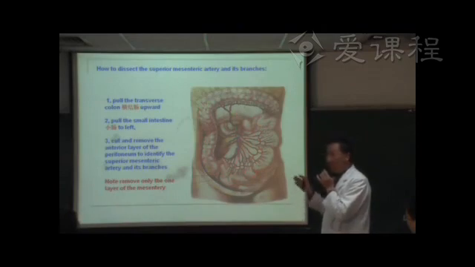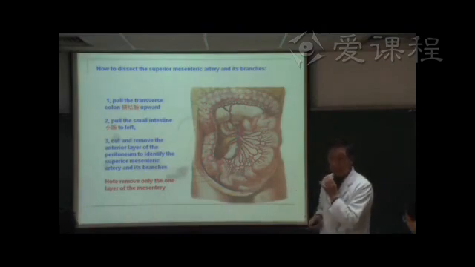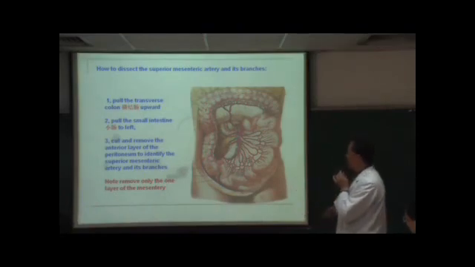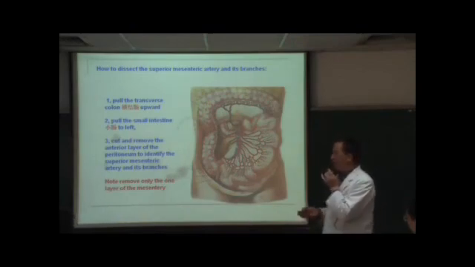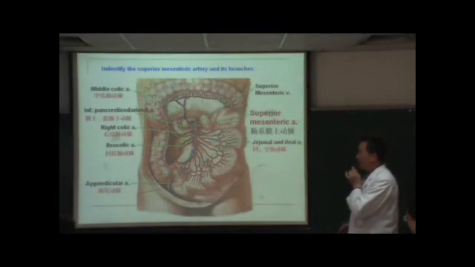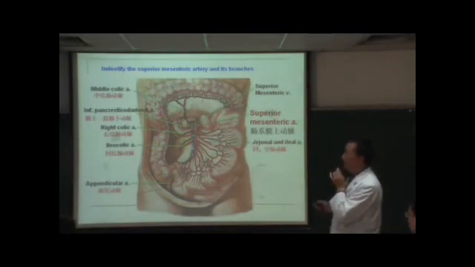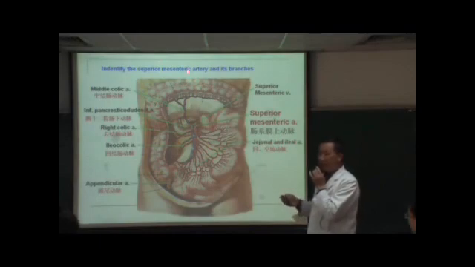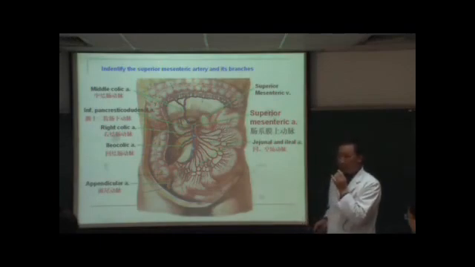You should remove only one layer, not two layers. After you remove the one layer of the peritoneum on the mesentery, you can identify the branches of the superior mesenteric artery.